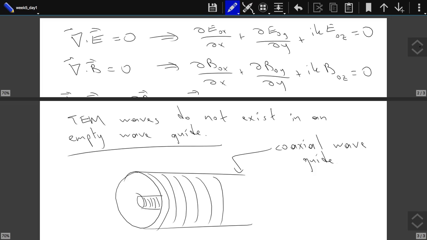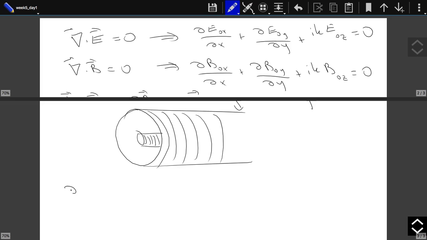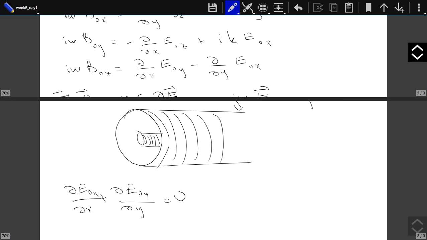Look at the first equation over there. We know that E0z is equal to 0, so we have the sum of the other two terms should be 0. This is one equation we have. Look at this equation over here. B0z is equal to 0.